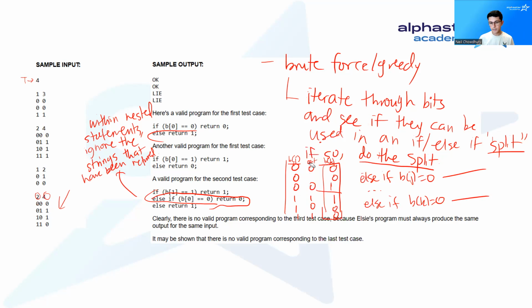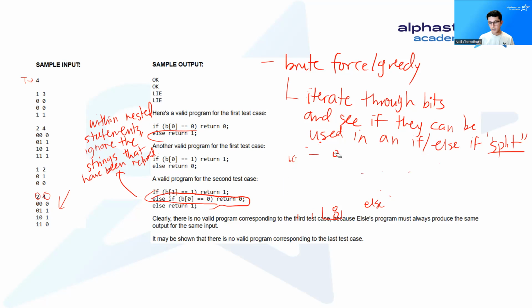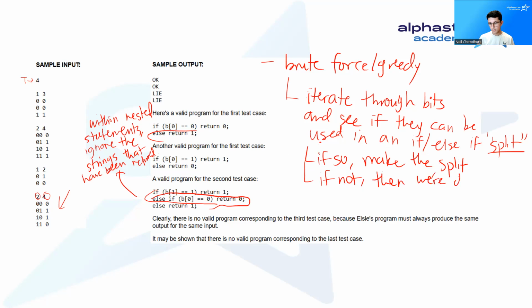Okay, so now going back to this algorithm, we will iterate through the bits, and see if they can be used in an if-else split, and if so, execute the split. If not, then we're done making splits. So what does it mean once we're done making splits?